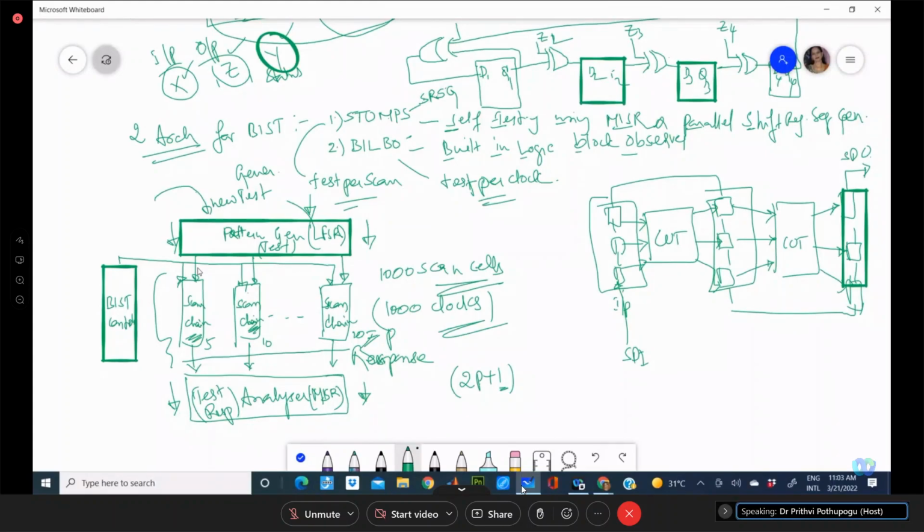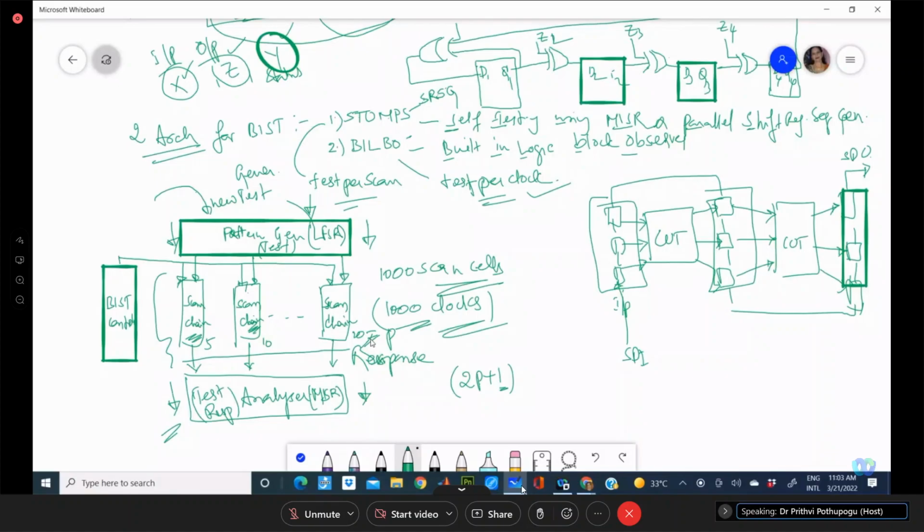The alternate for this is, though the circuit becomes a little more complex than your STUMPS architecture, it is not a test per scan, but it becomes a test per clock. One complete test can be completed within one clock. But here we need to wait for all the chains to be responding. That's why we are taking this many clock pulses. More clocks are needed.